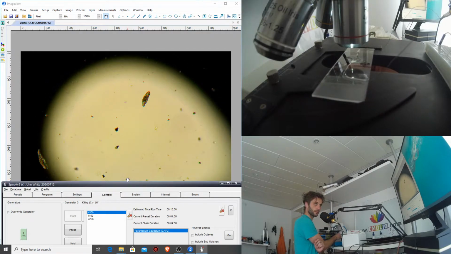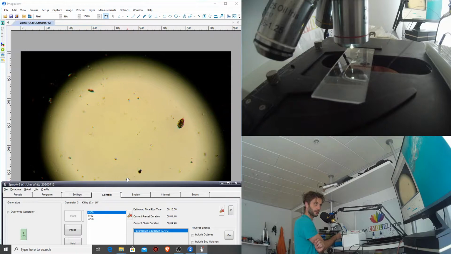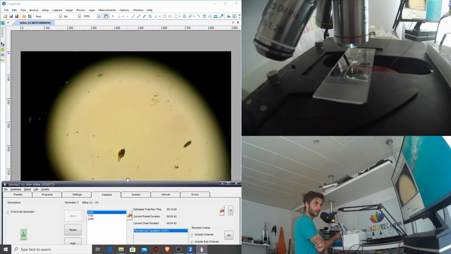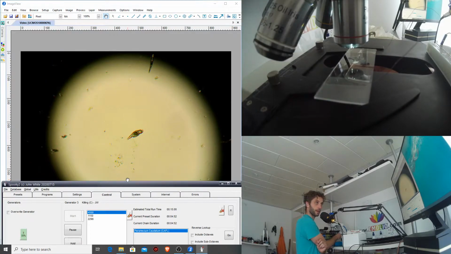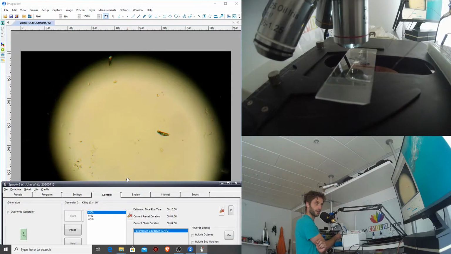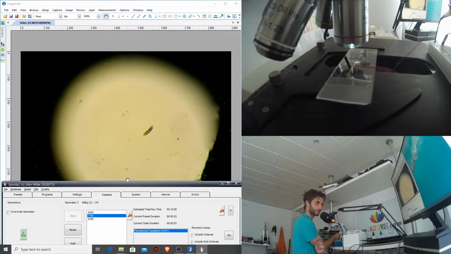This one is going not that fast. But this one, I don't know the name of this microorganism. Actually, I want to follow this one because I know what it is.